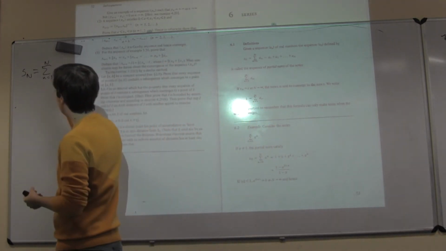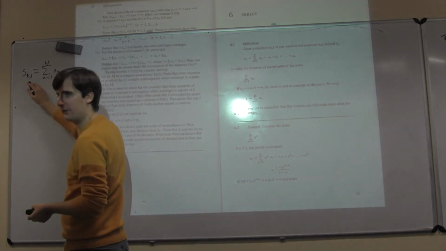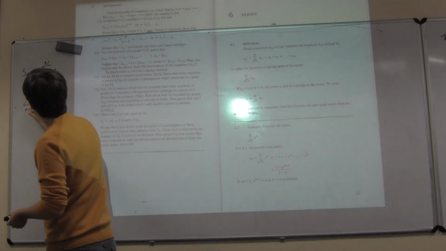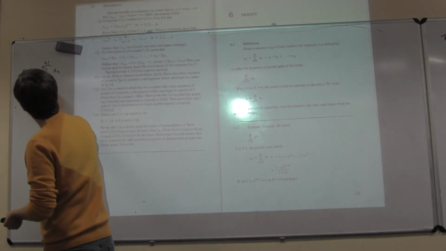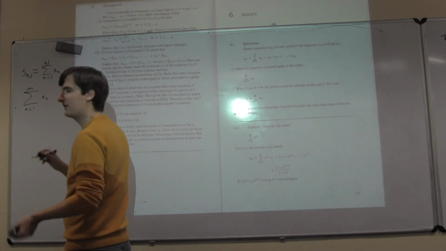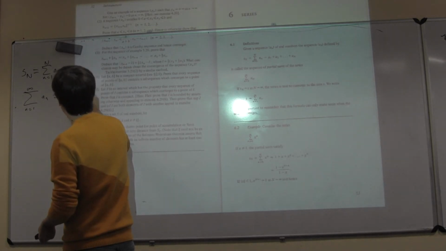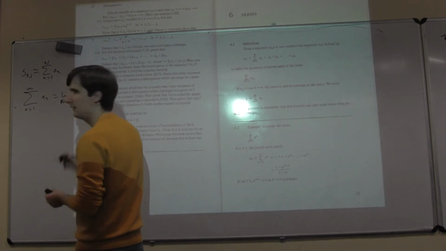And we say that the series converges if the partial sums converge. So the meaning of this expression, the sum from n equals 1 to infinity of a_n, is the limit as capital N goes to infinity of these partial sums.